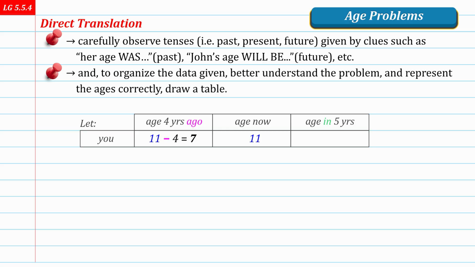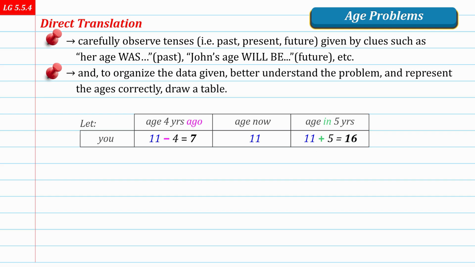Okay, another question. What if I ask you, what will be your age in 5 years? Now, of course, the easy answer is 16. Now, how did you get it? It's simply adding 5 to your age now, which is 11. So 11 plus 5 is 16.